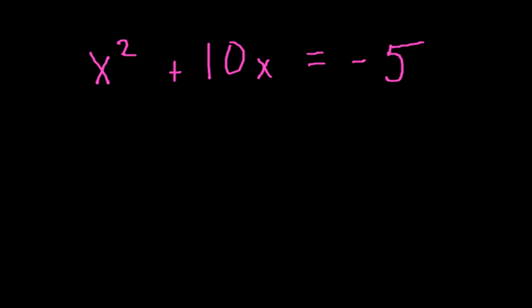And we're going to use the quadratic formula to solve this. In order to do that, we need to put it in the master form of ax squared plus bx plus c equals 0, which we don't have quite yet.